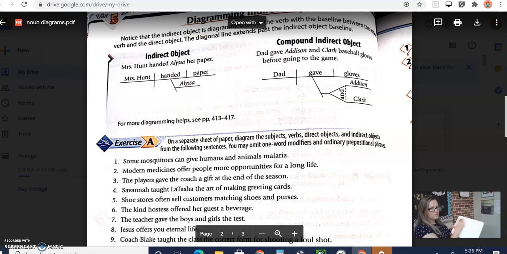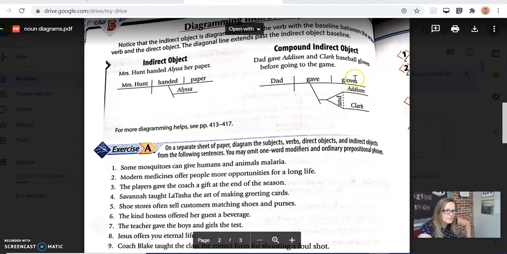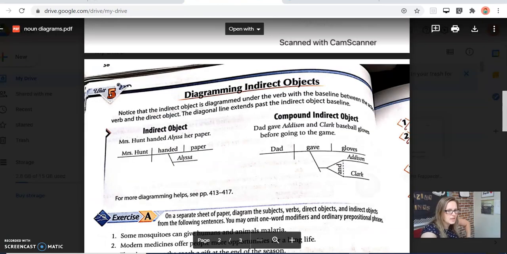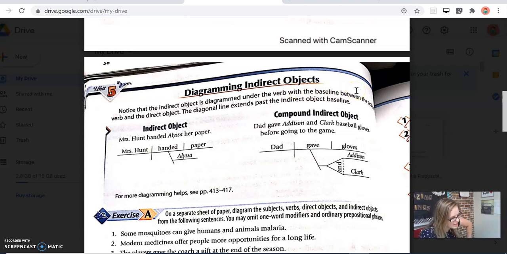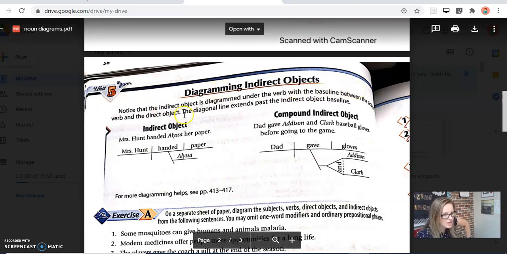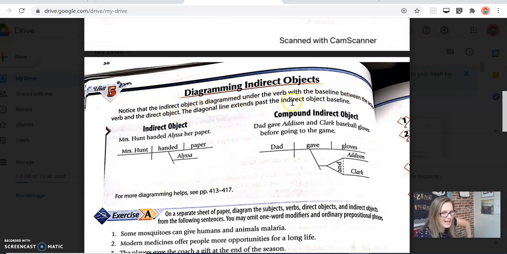All right, so if you're looking at our book, notice that the indirect object is diagrammed under the verb with the baseline between the action verb and the direct object. The diagonal line extends past the indirect object baseline.